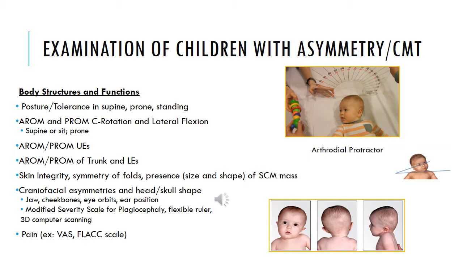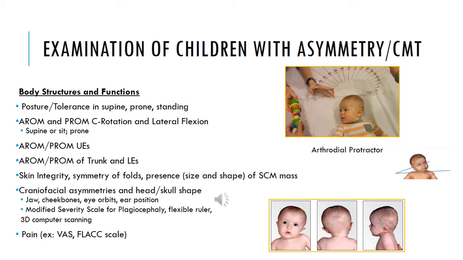Although you would have examined for any asymmetries in posture throughout a variety of developmental positions, it's also really important to take a look at any asymmetries that might be present in the craniofacial areas in the shape of the head and skull, as we know that torticollis can also have impact in these areas and lead to plagiocephaly.